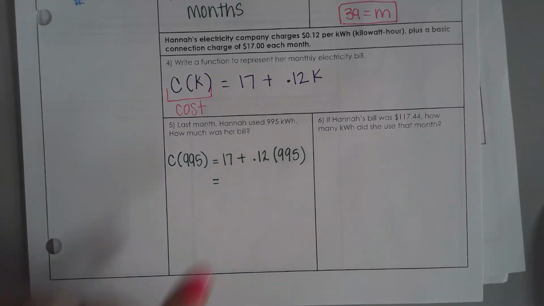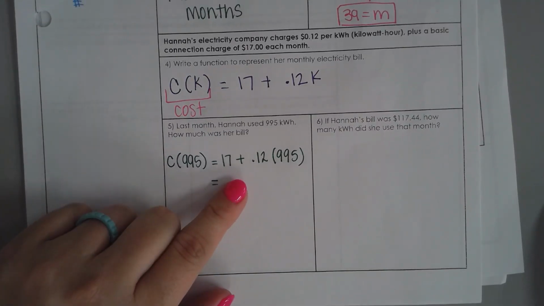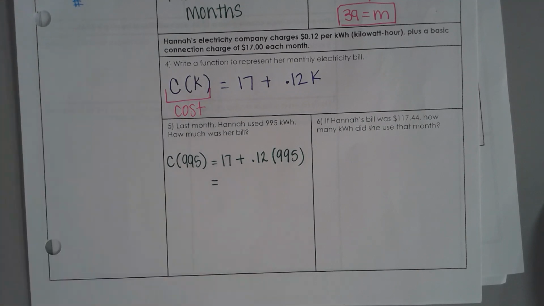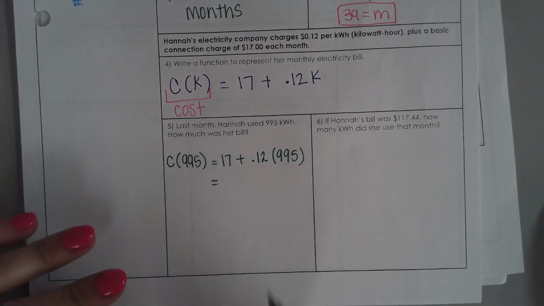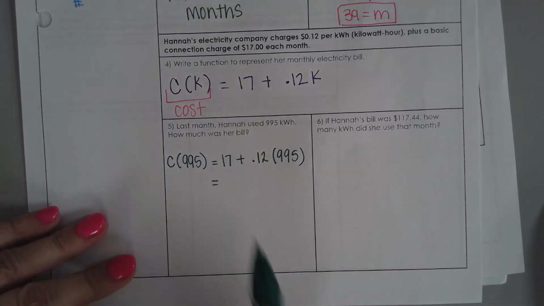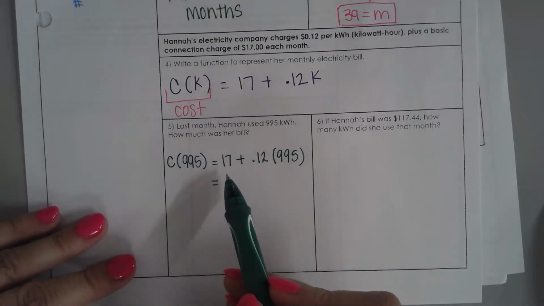All right. Isaac, did you type that in? Oh, come get it. What number are you? All right, I'll come back to you. JC. 11.4 for 0.12 times 995 and then add 17 for 28.4.